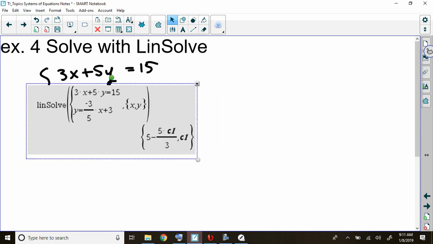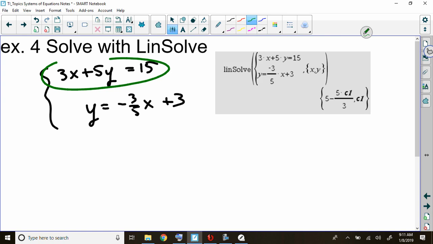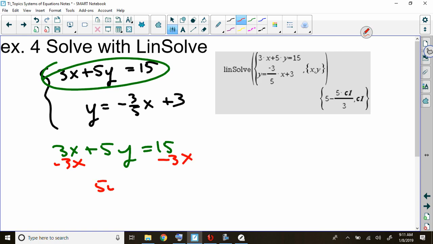Looks really weird. So as good as the calculator is, there are sometimes where you're going to have to use your brain, where you might have to know something else. It means many solutions, because if you were to take this top equation, 3x plus 5y equals 15, and subtract 3x from both sides, you'd see that we have 5y is equal to negative 3x plus 15.